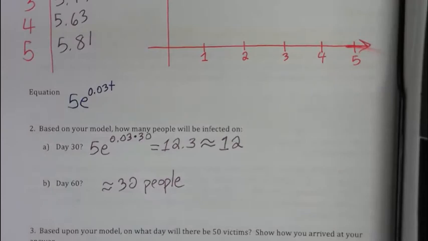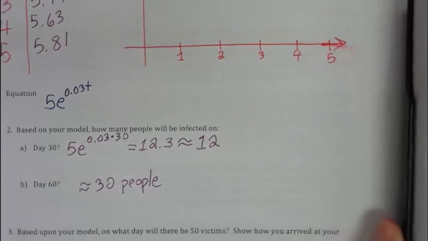So we could figure out how we could get up to 50 victims, 50 people. So that's less than double from 30. So it's probably going to be less than 30 more days to get there. So it's going to be less than 90 days, which is a good way to ballpark it at first, but not a great way to get to the exact answer right away.